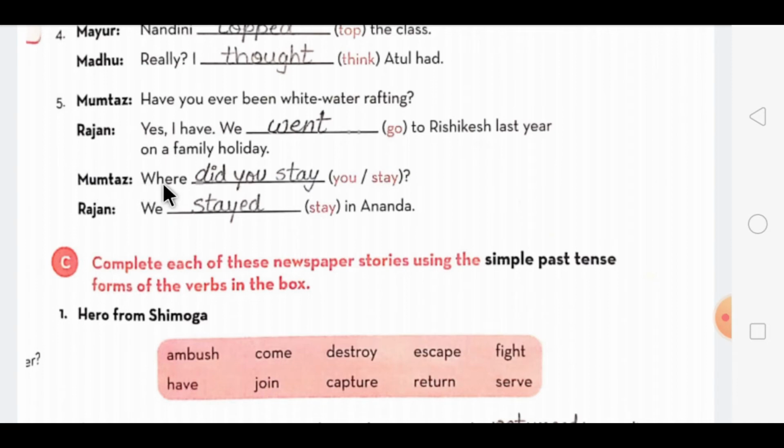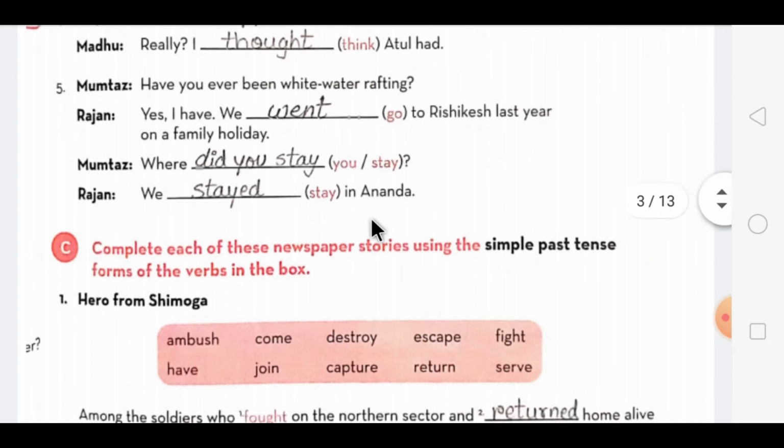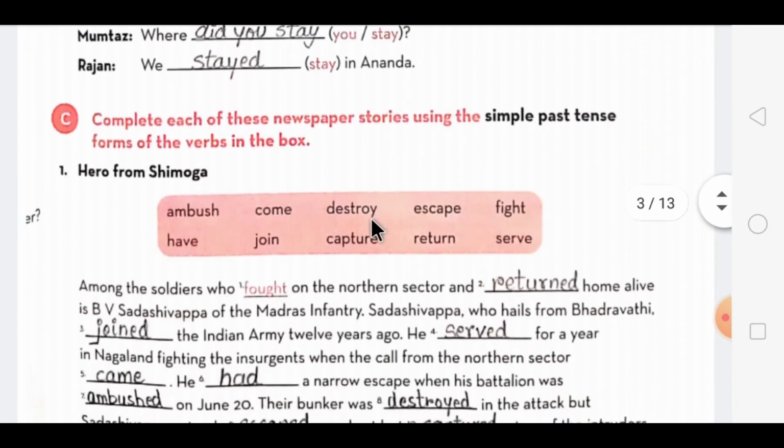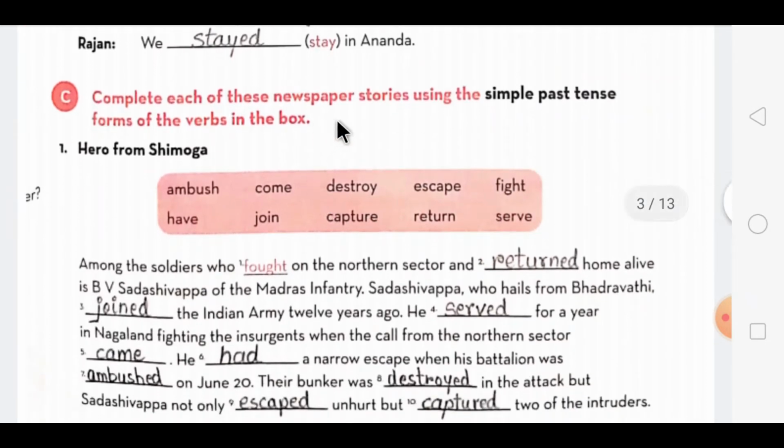Mumtaz is asking, again the question formation is there, so we will use did you: Where did you stay? Ranjan says, we stayed in Ananda.